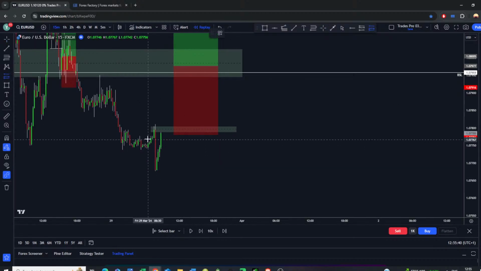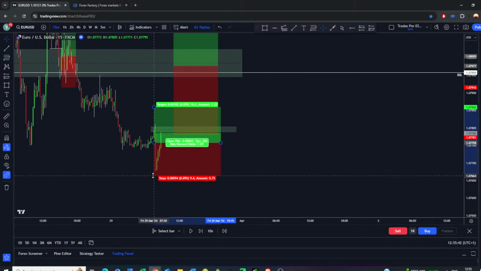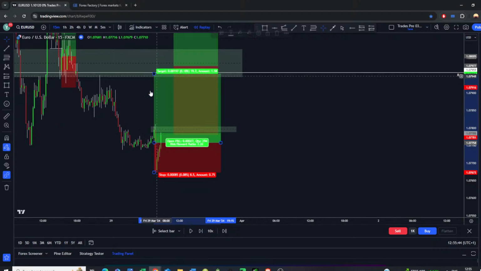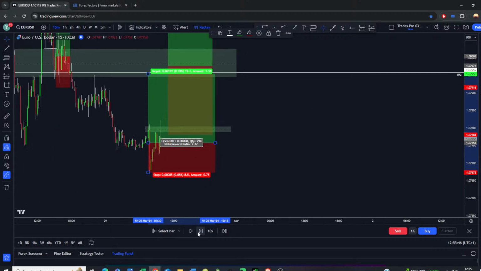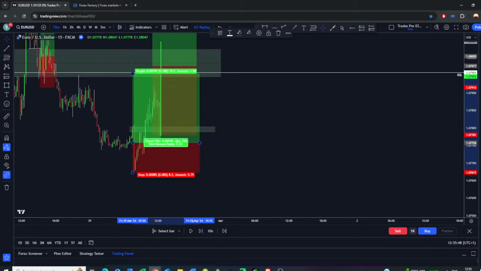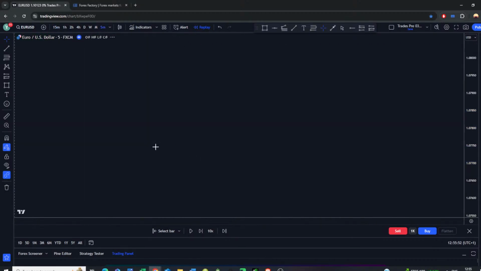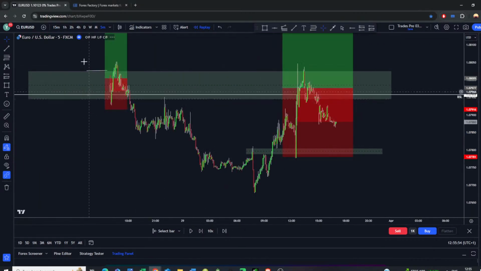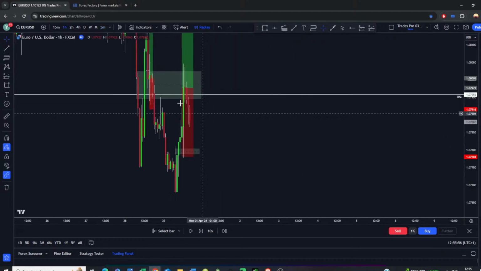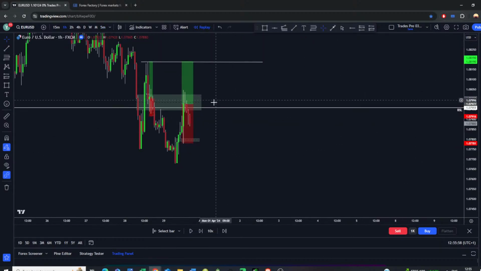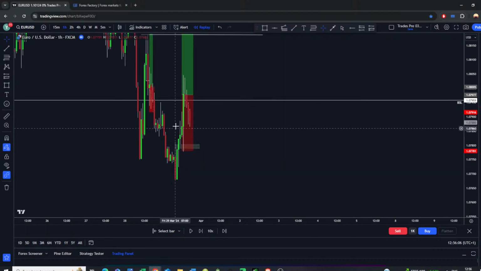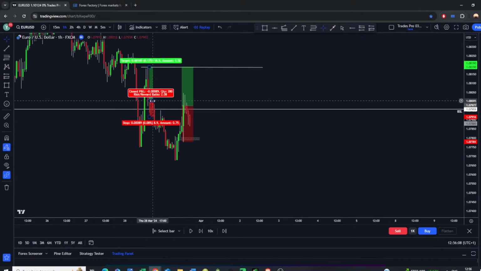This would have been a good trade to these highs, because this fair value gap where I was looking for entry came down, tested, but also, yeah, no, this is a good trade. That's a good trade, not this one though.